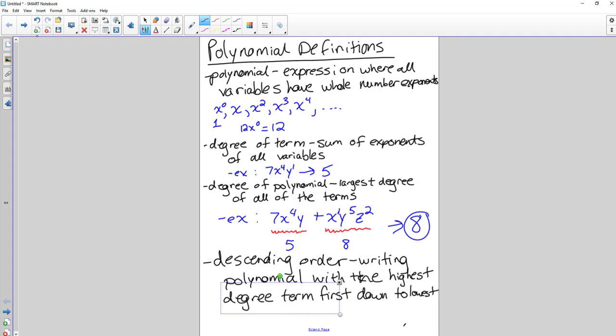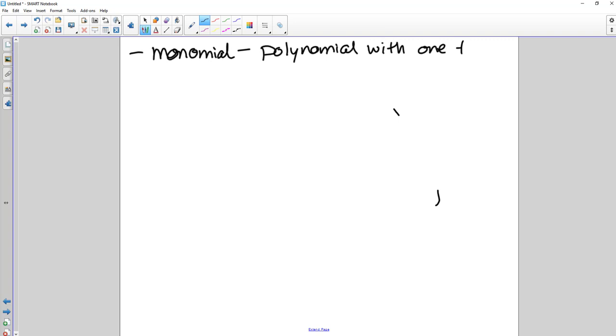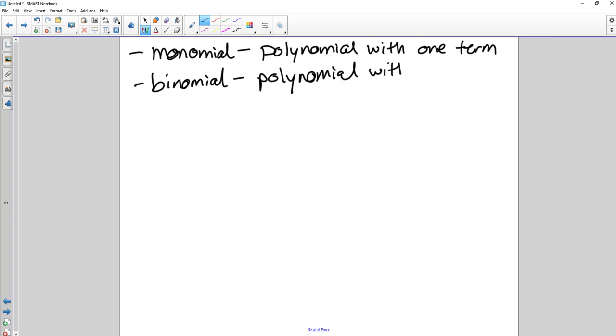So let's go to a new page for a couple more definitions. Another one is a monomial. A monomial is a polynomial with one term. And then next, a binomial is a polynomial with two terms.